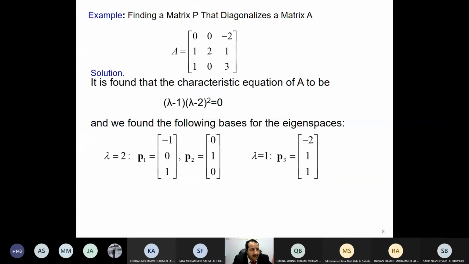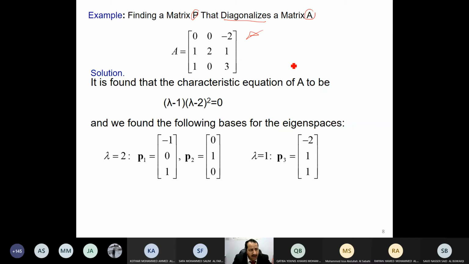Have a look. We are asked to find a matrix P that diagonalizes a matrix A, and we are given this 3 by 3 matrix A. I will go through the procedure to find eigenvalues and their eigenvectors, similar to the previous examples.